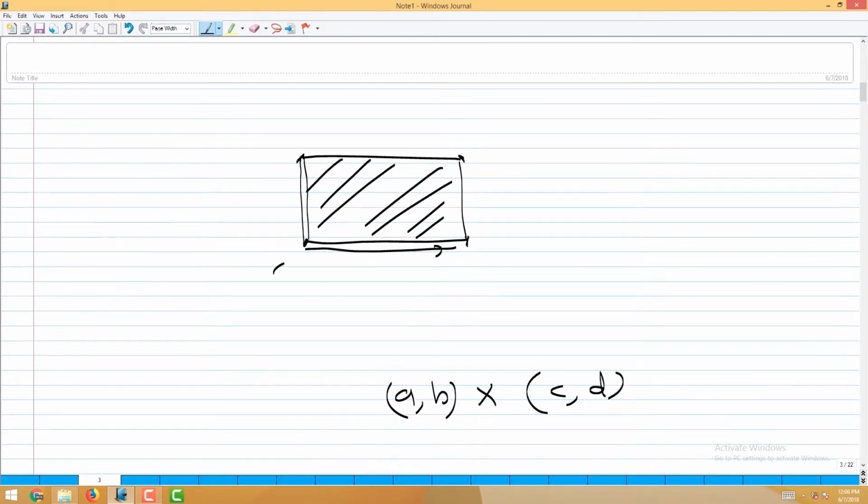Then the corners become AC, BC, AD, BD. This will be the rectangle, so that is why axis parallel rectangles. It is going from intervals by taking the Cartesian product of intervals on both axes.